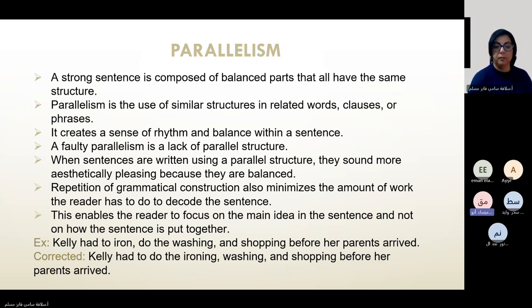Example, Maysa. Kelly had to iron, do the washing and shopping before her parents arrived.